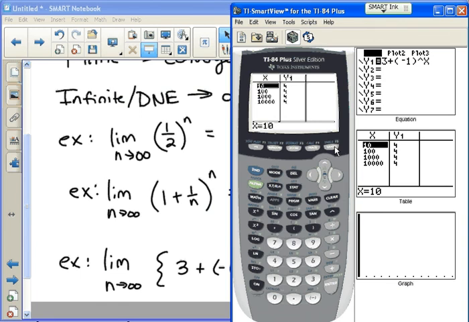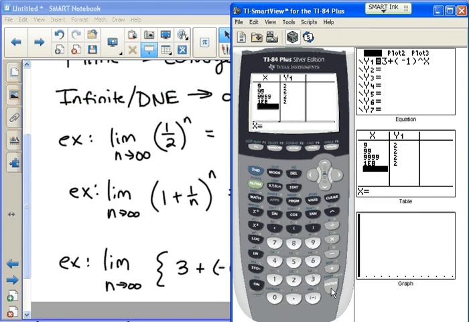It's important that you pay attention whenever you have a -1 raised to the n or a negative anything raised to the n. If that happens, you need to not only check even numbers, 10, 100, 1,000, and so on, but also check odd numbers. So I'm also going to plug in 9, 99, 999, and so on. Because you can see that gives us two different results.